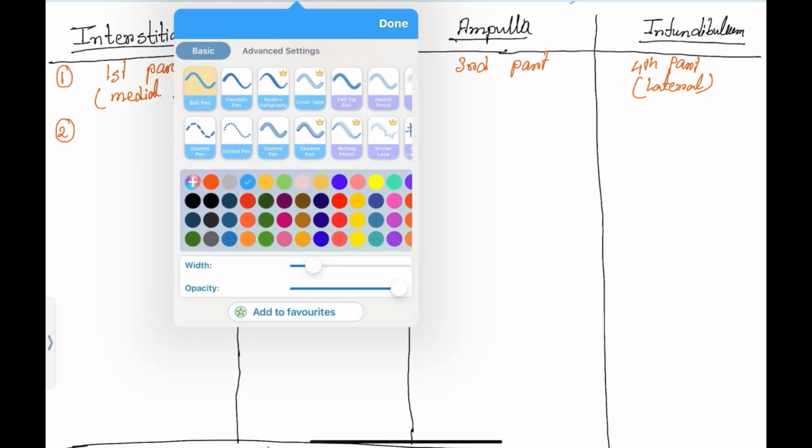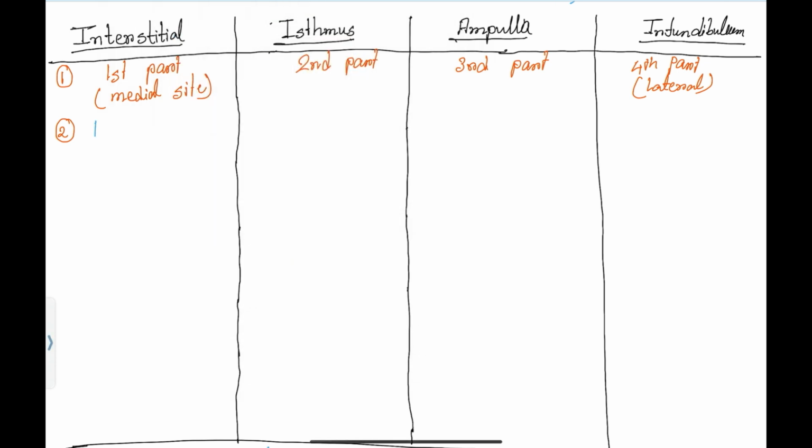So the interstitial or intermural portion is 1.2 centimeter long and 1 millimeter wide. What about this isthmus? Isthmus is 2.5 centimeter long and 2 millimeter wide.